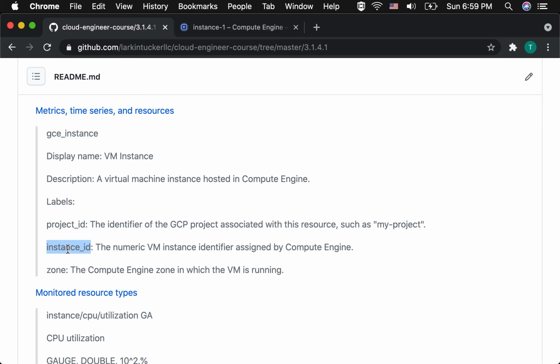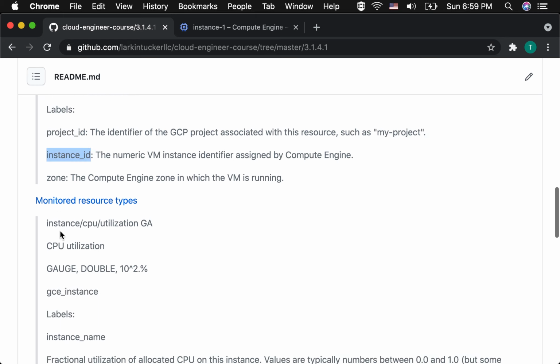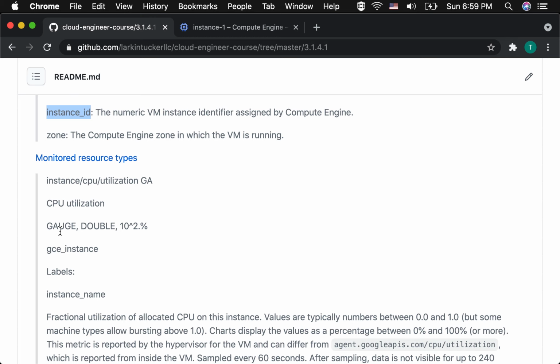If you give all 3 of those for a GCE instance type, you actually have a unique resource, right? And if you think about how we created our GCE instances, that makes sense because we always have to supply a zone and a project, and then it gives us back a unique instance ID. Okay, so that's the resource.